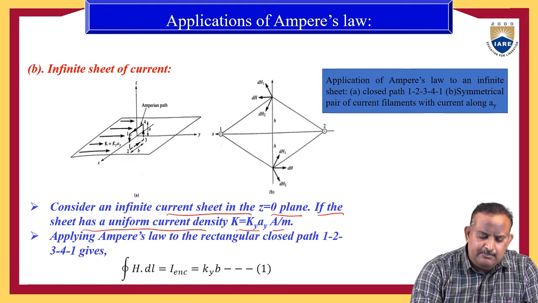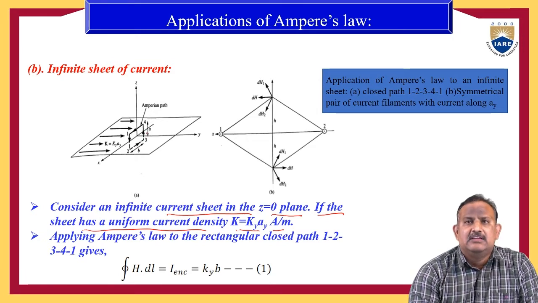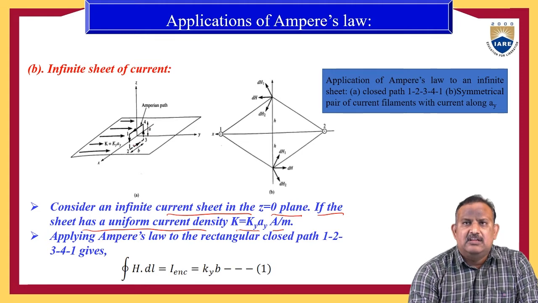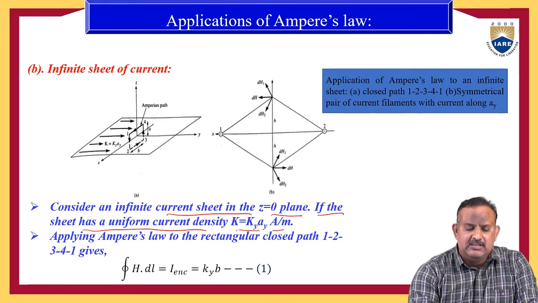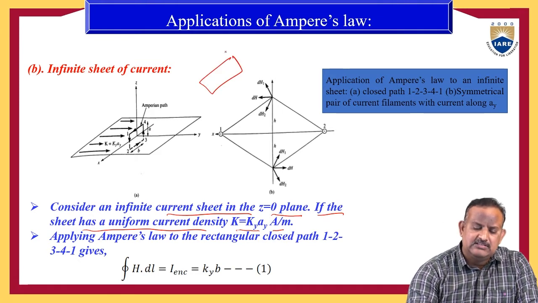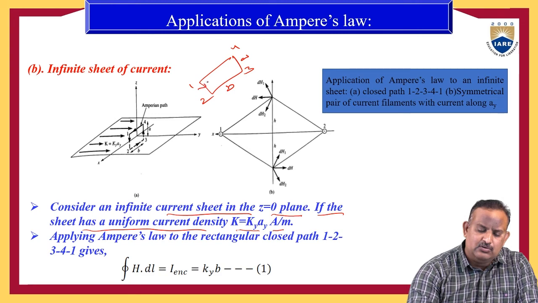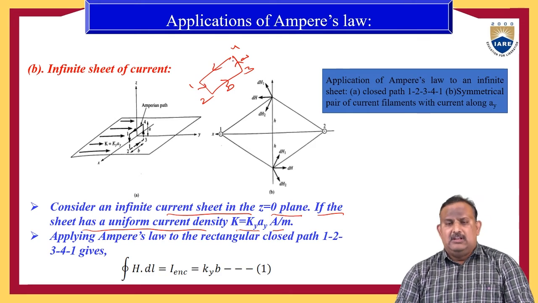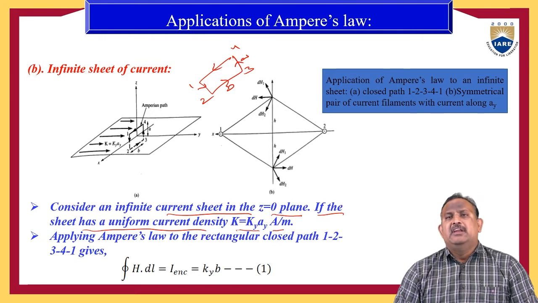Let us assume the Amperian path is a rectangular box with sides 1, 2, 3, 4, where one side is B and the other side is A. It is just like a rectangle, and the current will flow 1 to 2, 2 to 3, 3 to 4, 4 to 1 like that.